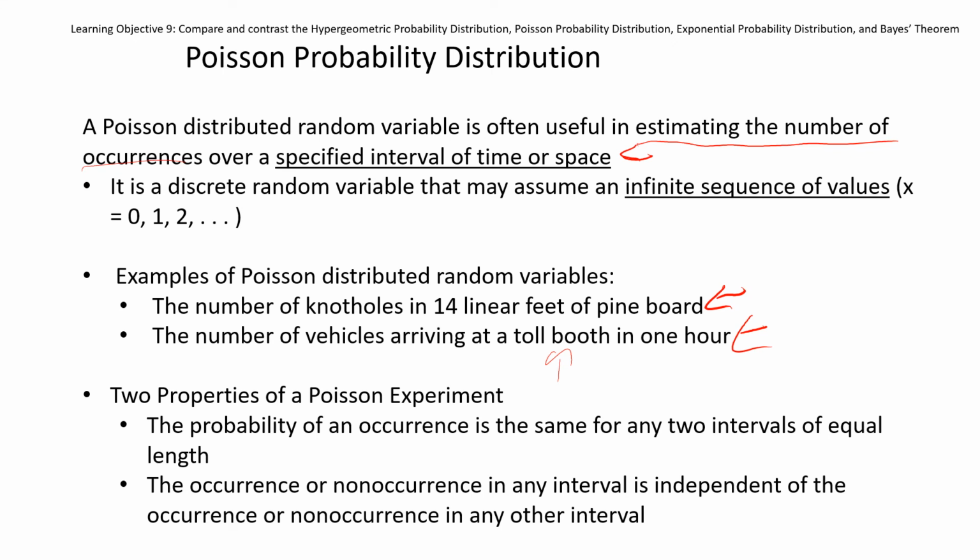But let's say on every Tuesday, we get 10 vehicles at the toll booth between noon and 12:30. Well, how many should we expect? We get that on average. How many should we expect on the next Tuesday between noon and 12:30? We would go off from that, and that's how this distribution would work.